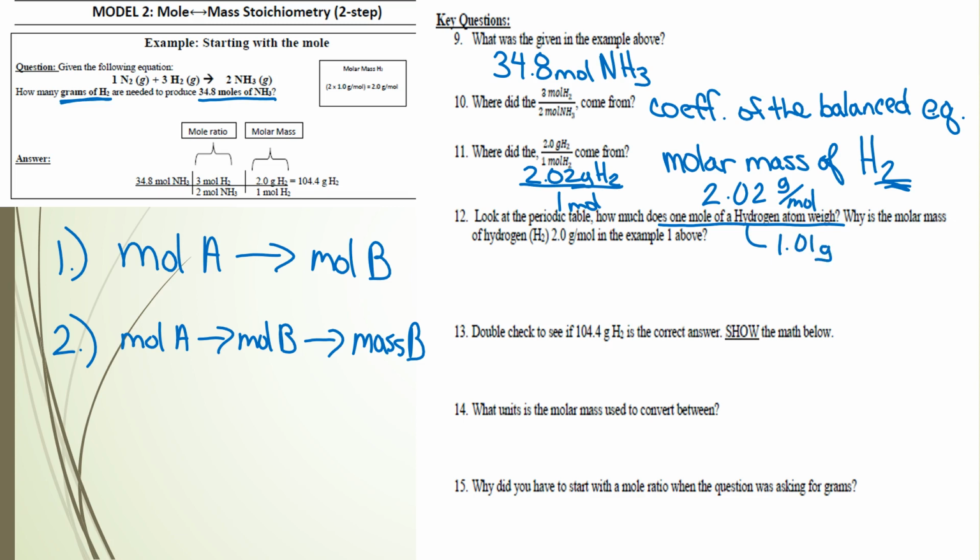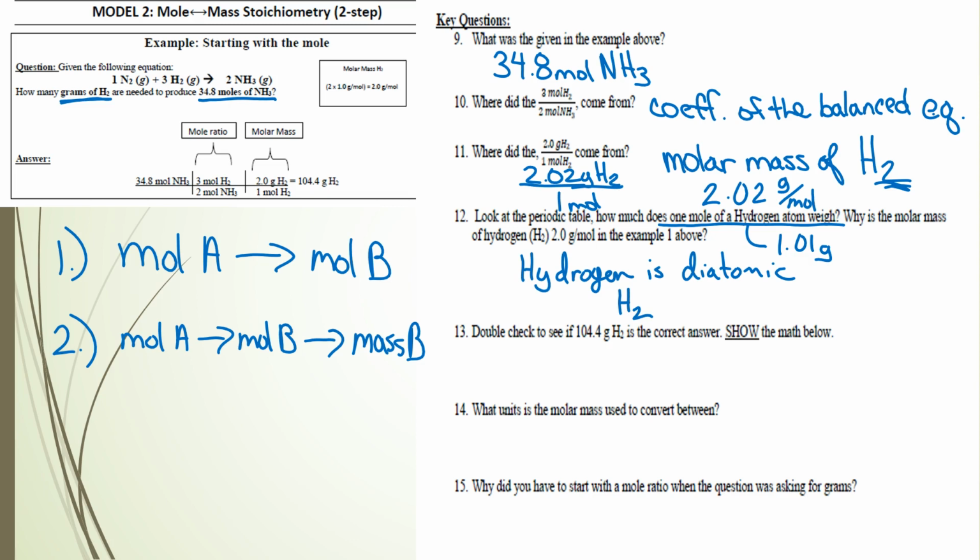So if 1 mole of a hydrogen atom is 1.01 grams, why is the molar mass of hydrogen, H2, 2.0 grams per mole? Hydrogen is diatomic. So hydrogen's diatomic, so you have H2, not H.